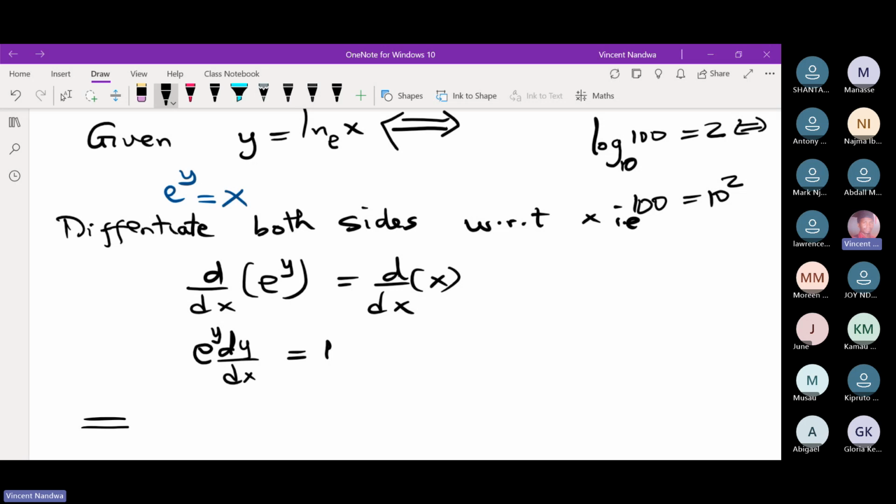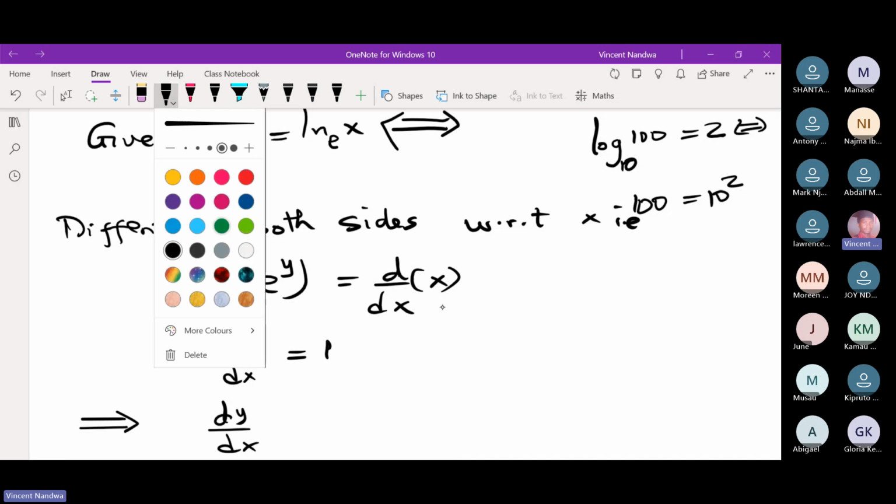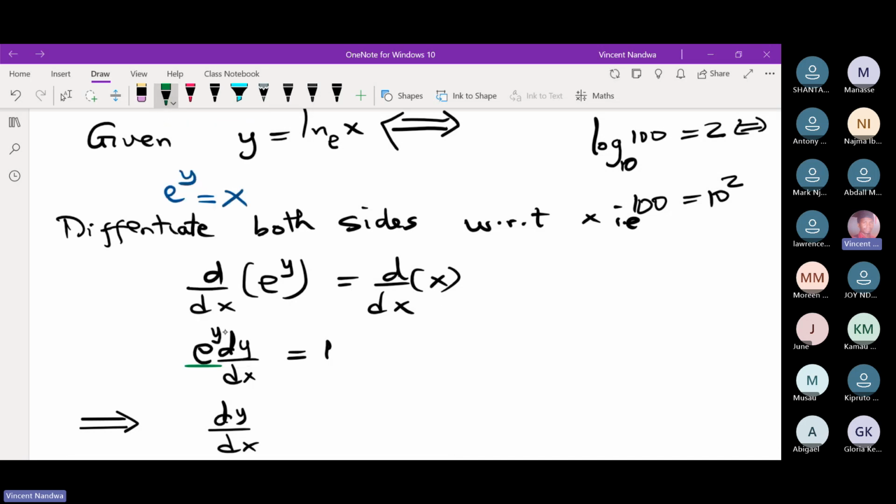So this implies that dy/dx will be obtained by simply dividing both sides by e^y. This will give us 1 over e^y. But we remember from here, e^y is the same as x.